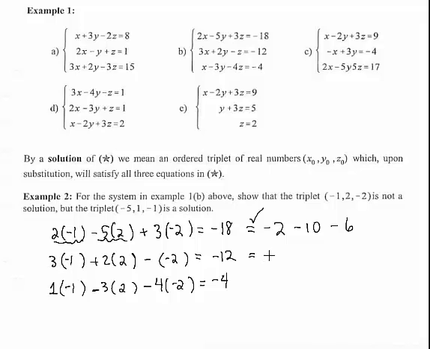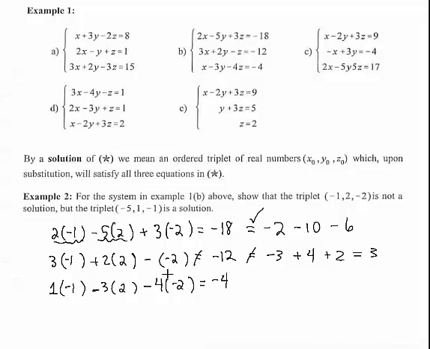3 times a negative 1, 2 times 2 is a plus 4, and negative a minus minus 2 is a plus 2. Negative 3 plus 4 is 1, and 1 plus 2 actually equals 3. So no, this does not equal negative 12.